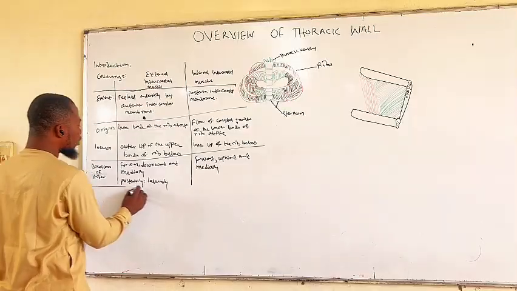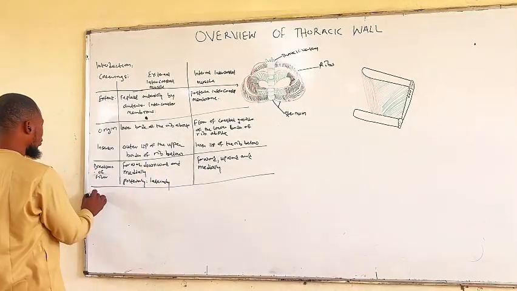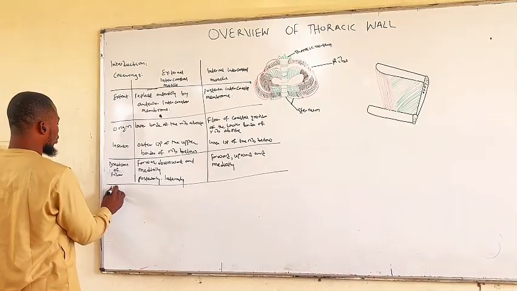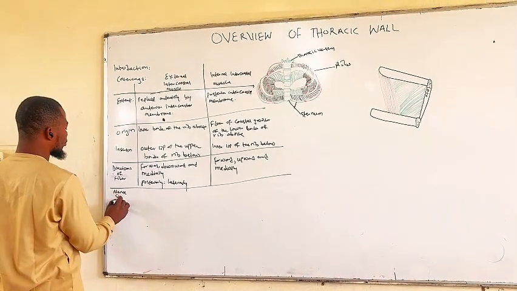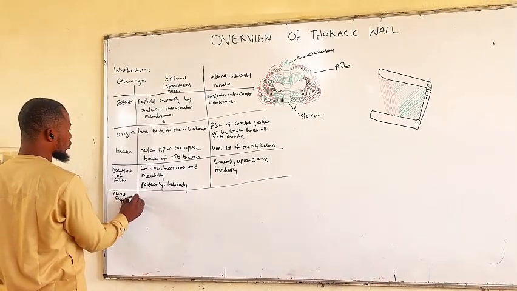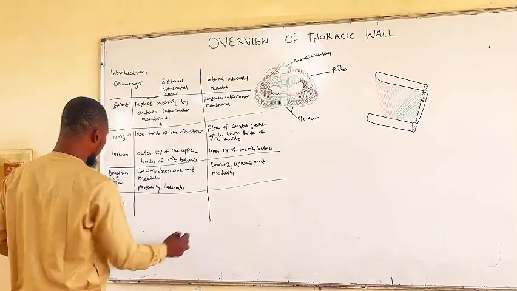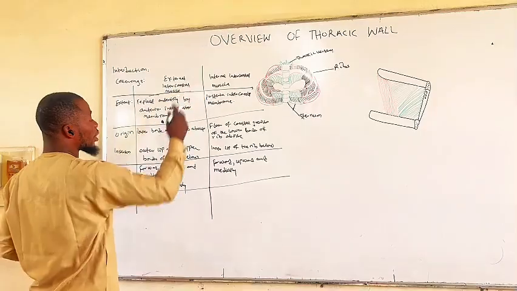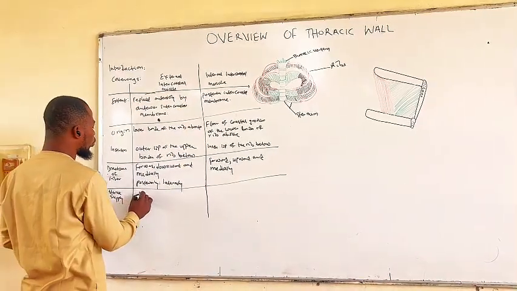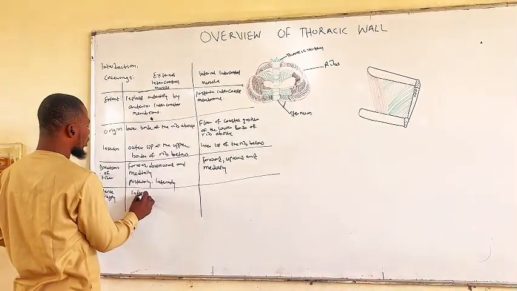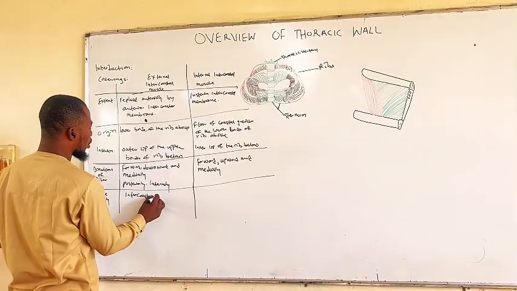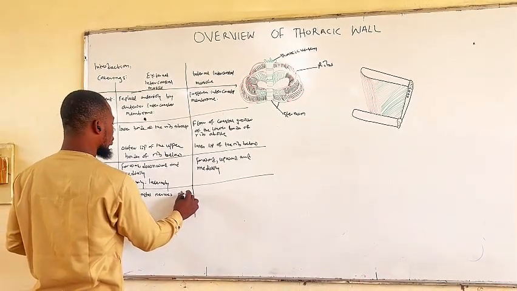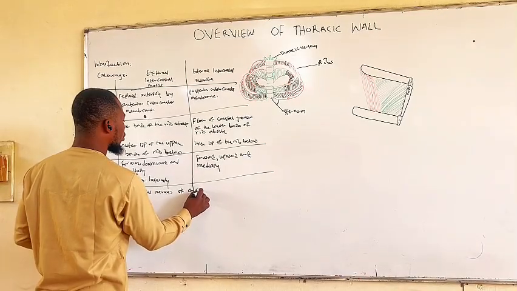Now, their nerve supply. The external intercostal muscle and the internal intercostal muscle are both supplied by intercostal nerves of the corresponding space.